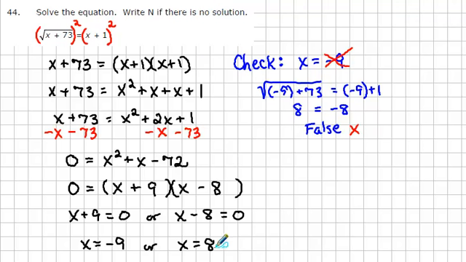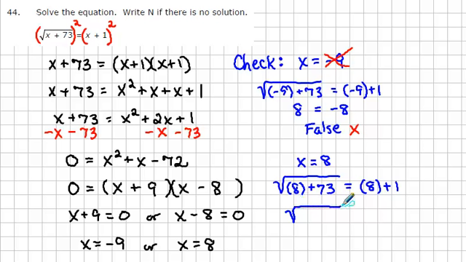All right, well, what about x is equal to 8? When we check x equals 8, we get the square root of 8 plus 73 is equal to 8 plus 1. 8 plus 73 is equal to 81.